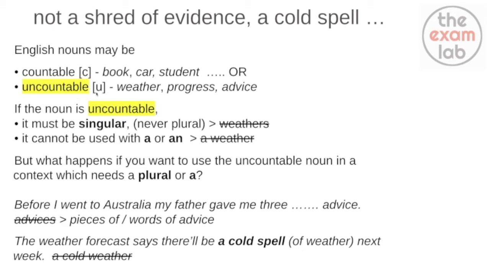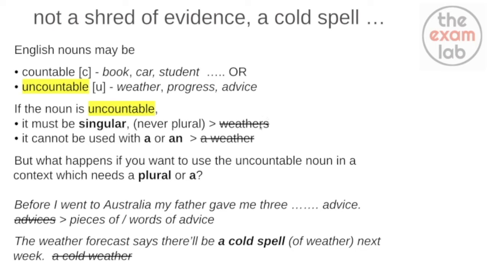When we come to the uncountable words in English, here are 3: weather, progress, advice. Right, what does that mean? Well, it means 2 very important things. The first one is that if the noun is uncountable, I cannot have 2 because I cannot count it, so it must be singular.